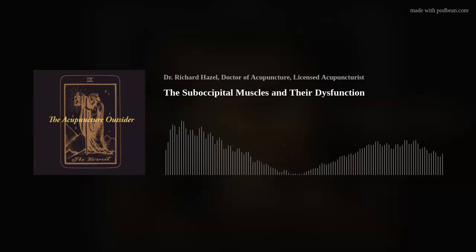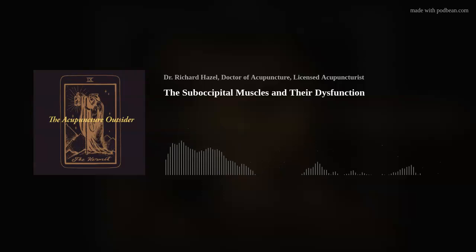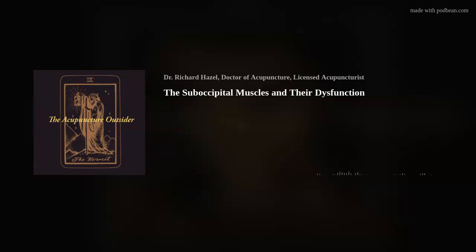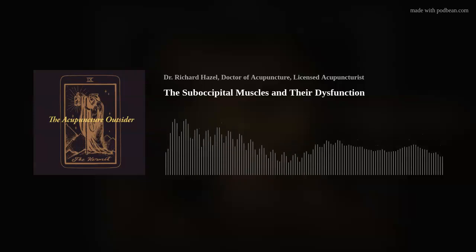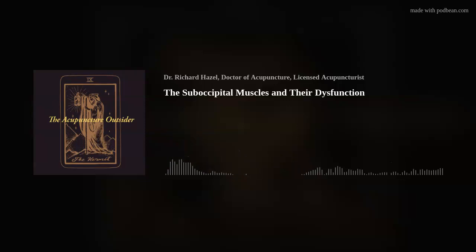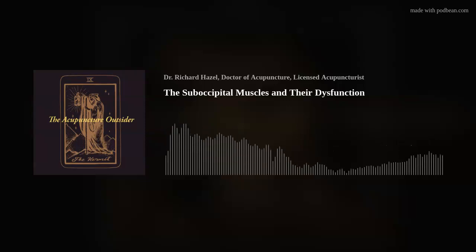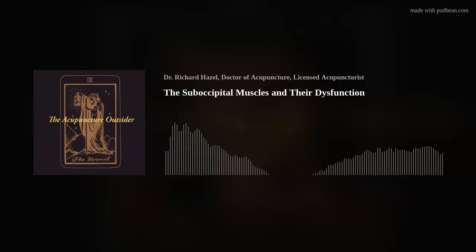So when you palpate for this on your migraine patients, you will find very often on the side that they get their migraines that this muscle is noticeably sore, tender, irritated. So we can treat this one fairly easily. The location for treating that muscle, you find the spinous process of C2, and you find the transverse process of C2.